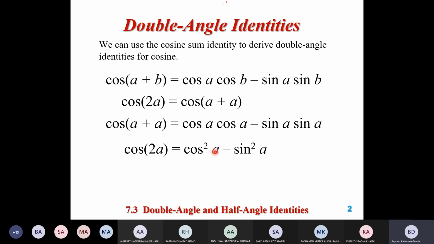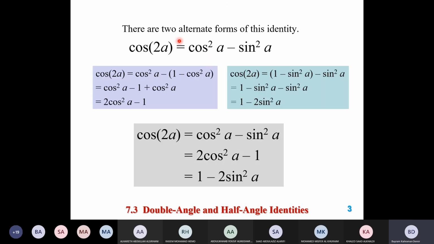So after that, Shabab, we can change cosine square to 1 minus sine square, or change sine square to 1 minus cosine square, to get an expression in terms of sine or in terms of cosine only. For example, the first thing we got is cosine square minus sine square, and then I replace sine square with 1 minus cosine square, you see, Shabab?